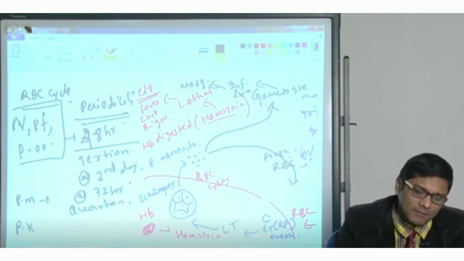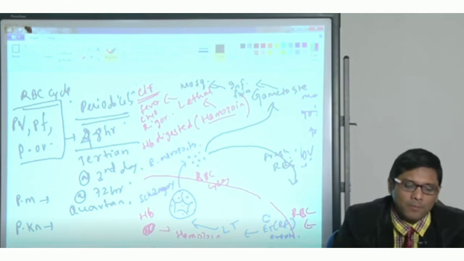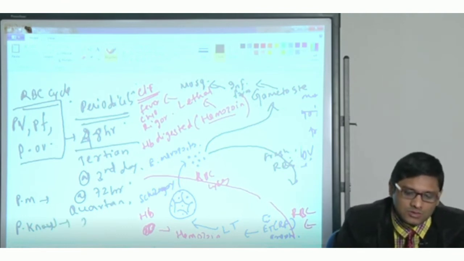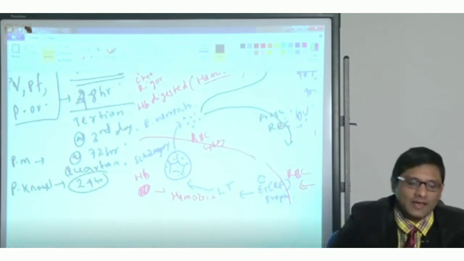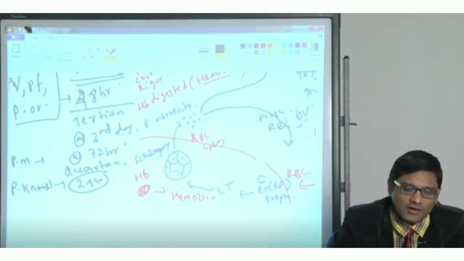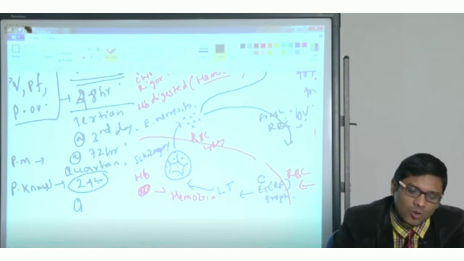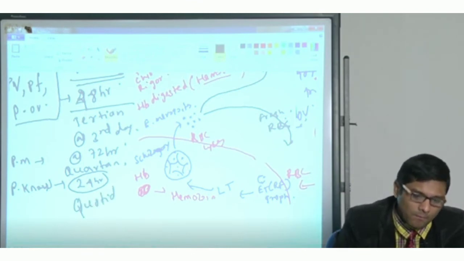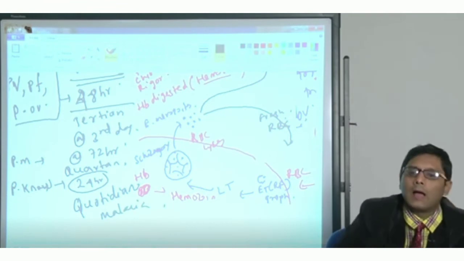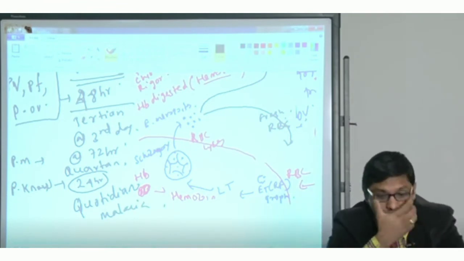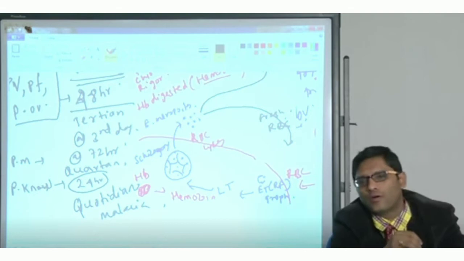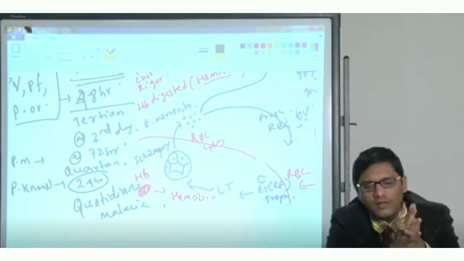For Plasmodium knowlesi, the periodicity is 24 hours, hence fever occurs every day, which is called quotidian malaria. Okay, so this is how the manifestations occur.